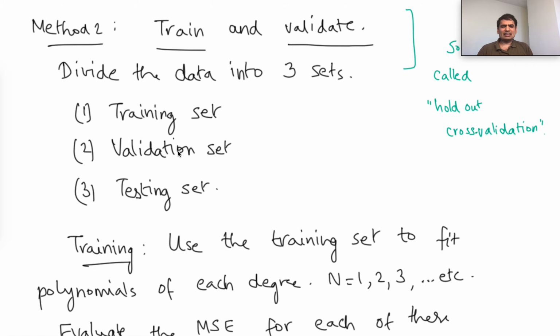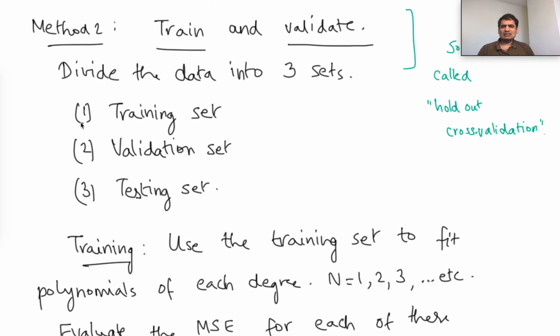And use the testing set to actually report something like, okay, if you got a completely new data set that you've not at all used in either getting the coefficients or the optimal model complexity, your error on the testing set is kind of a representative error on potentially new data that you've not seen before at all, that you've not used to build the model, right? So that's why we divide this into three sets.